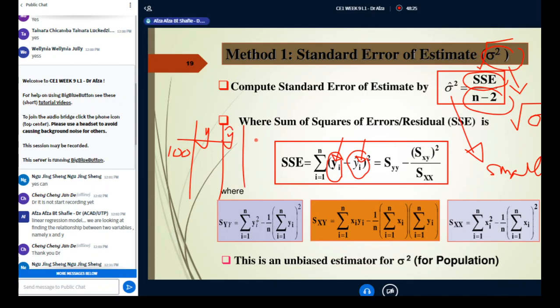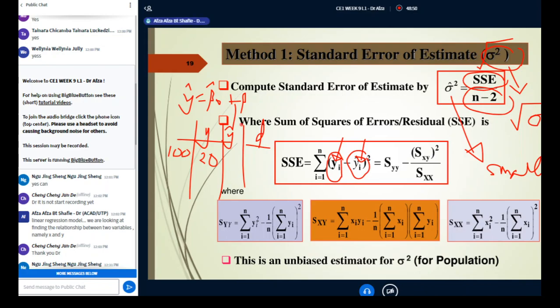Let's say when x is 100, the value of y is 20, for example. And then how do you get the y hat? You put back in the equation that you got earlier. You substitute in: y hat is equal to beta naught hat plus beta 1 hat.